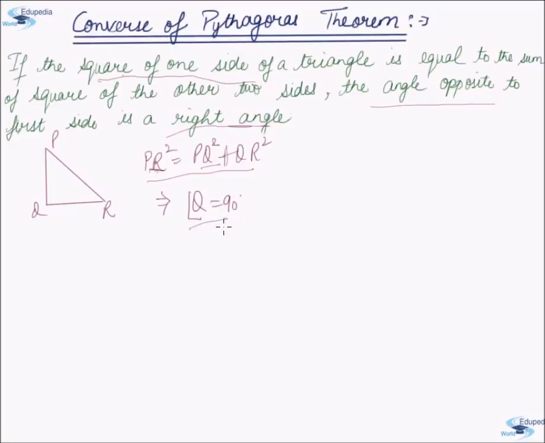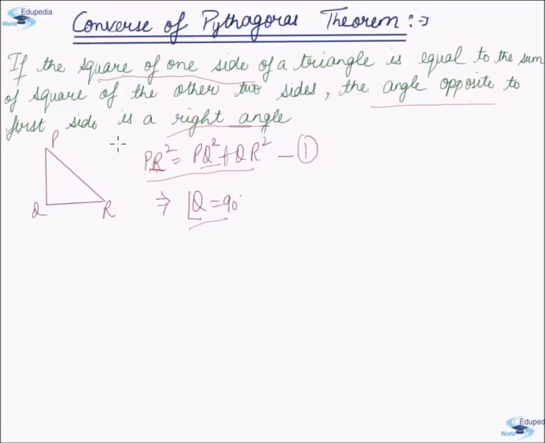So let us now go for the proof of this theorem. For the proof, we'll be using another right angle triangle with two of its sides equal to the sides of the given triangle. We'll be using this given statement, let it be 1, to prove that the only triangle possible by this statement is a right triangle.